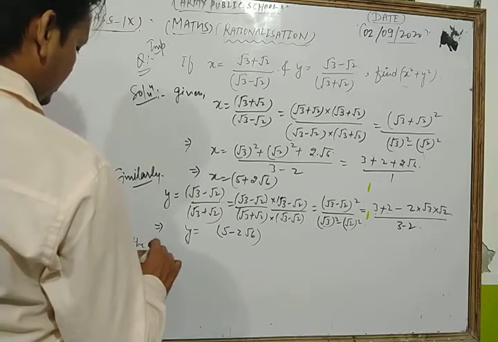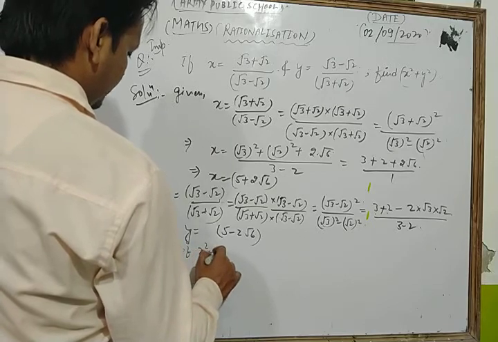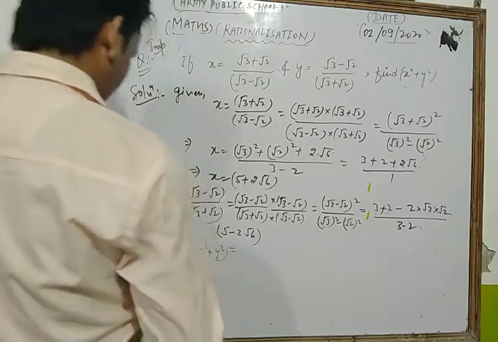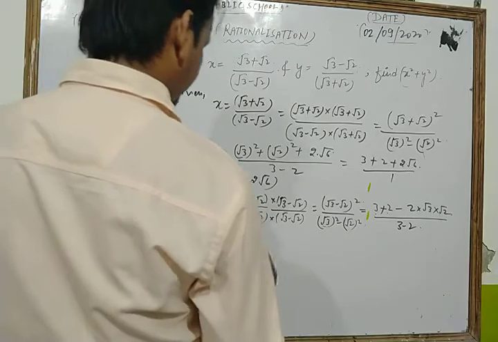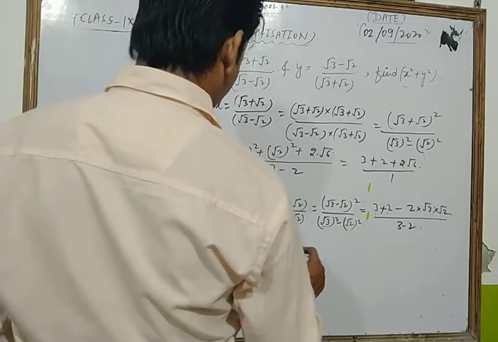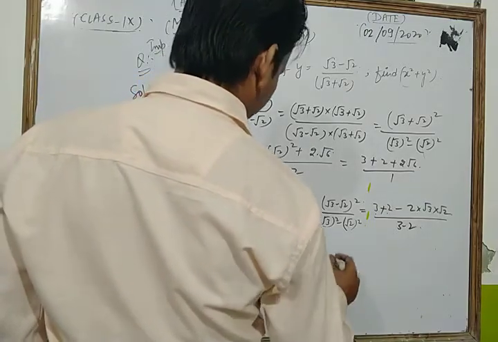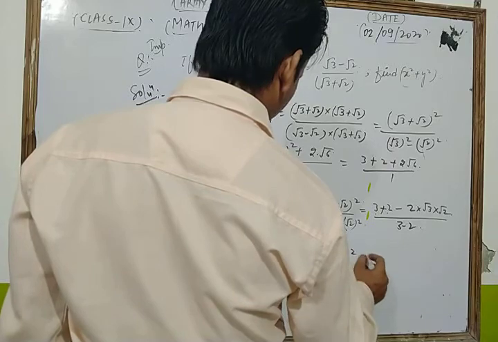Thus the value of x square plus y square is what? Let's see, the value of x is 5 plus 2 root 6, whole square, plus y square, the value of y is 5 minus 2 root 6, whole square.